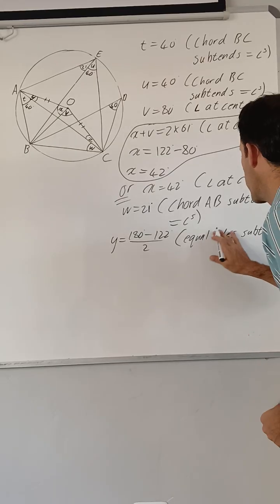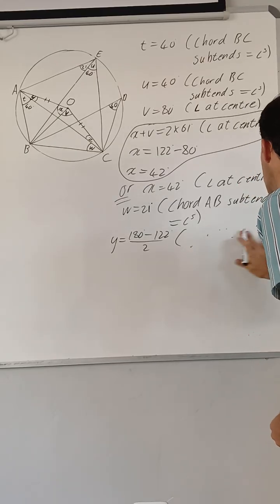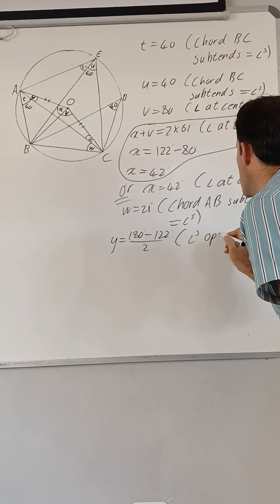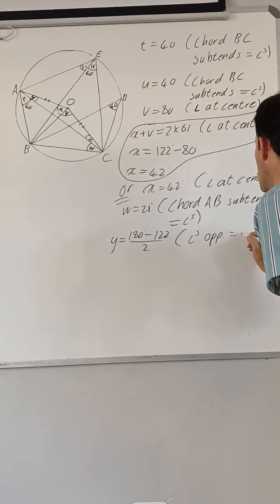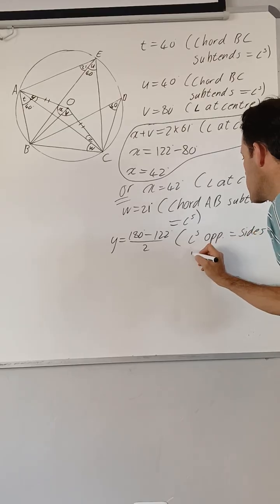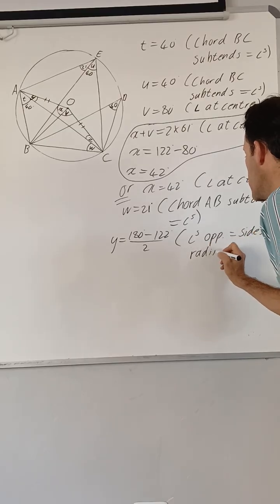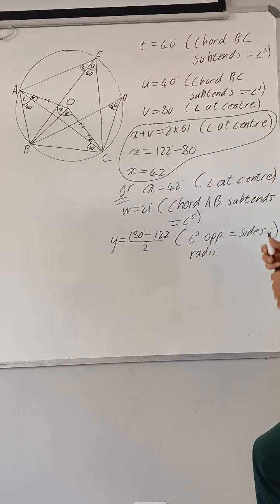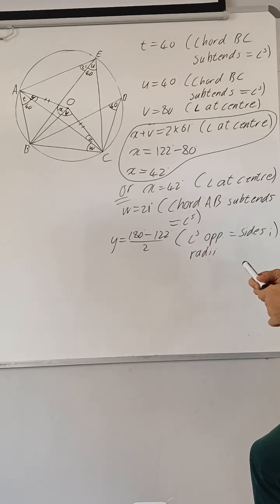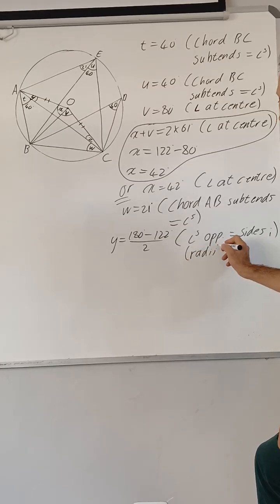Angles opposite equal sides. And then you must also say part of the reason is the radii. So there's two things, angles opposite equal sides and then radii, that's part of your reason, radii.